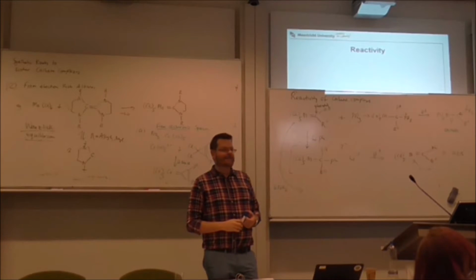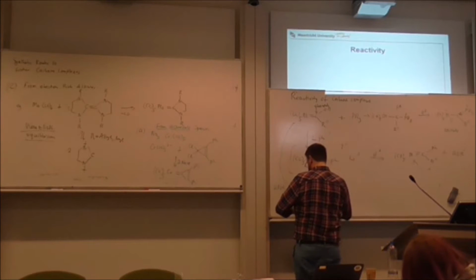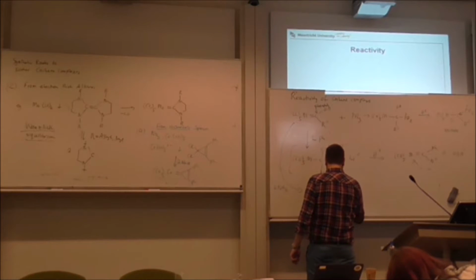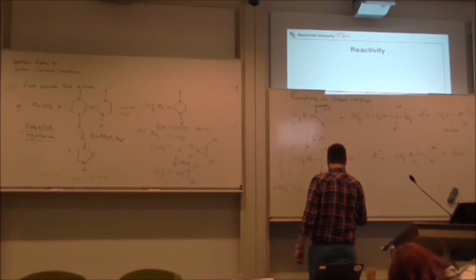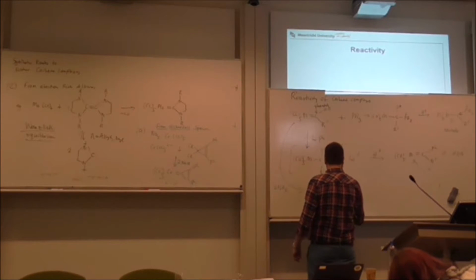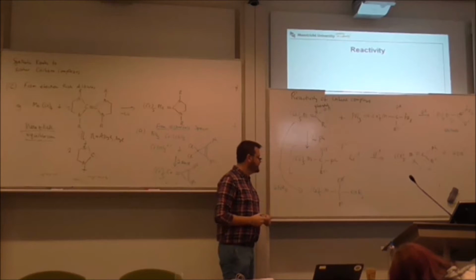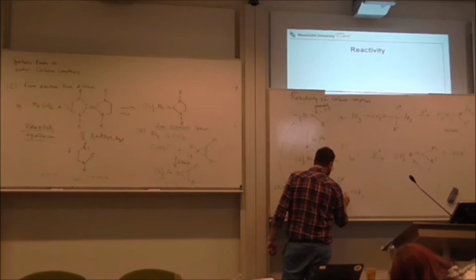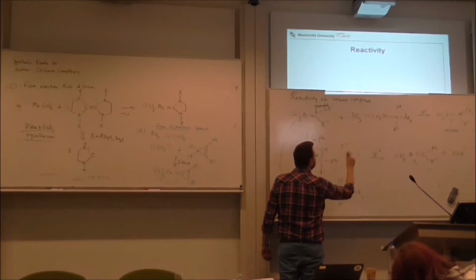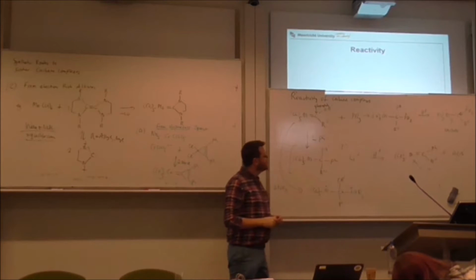We're going to get something like this, as an intermediate, isn't it? So it's going to be something similar to what we have up there. And then what's going to happen in the second step?